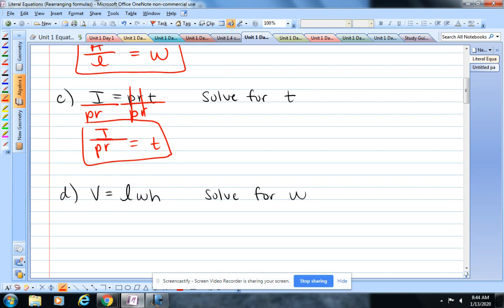So what's happening to the length, width, and height? They're all being multiplied. Which ones do we need to get rid of? L and H. Can we do them at the same time? Yes. It's okay that they're split in the middle. They're still all being multiplied, so you can divide by L and H at the same time. So L and L cancel, H and H cancel. So volume divided by length times height equals the width.